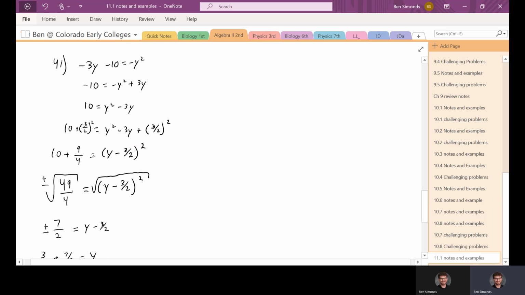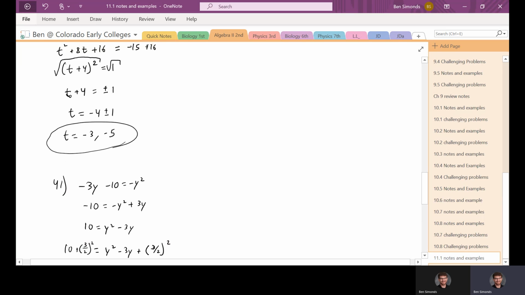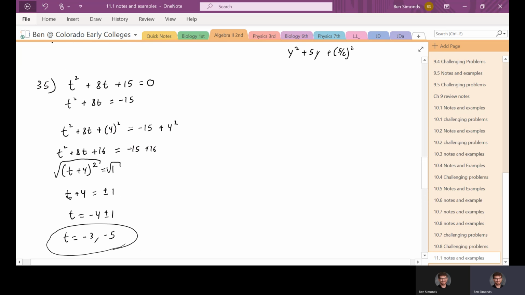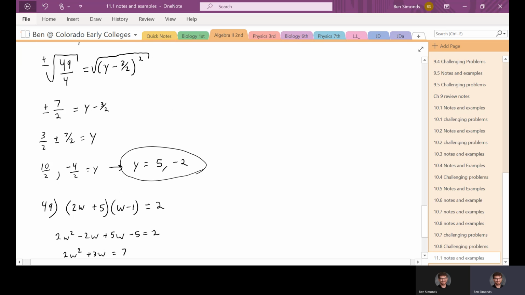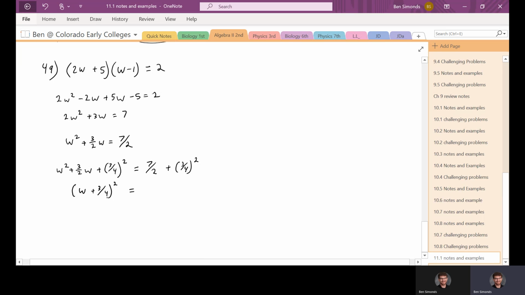And in this case it was negative because the 3 was negative. Up here we had 4 squared, and when it was all said and done, we had t plus 4, right? So whatever ends up being squared, that's what ends up in our completed square there.